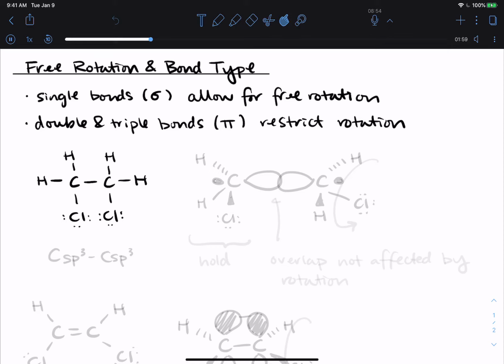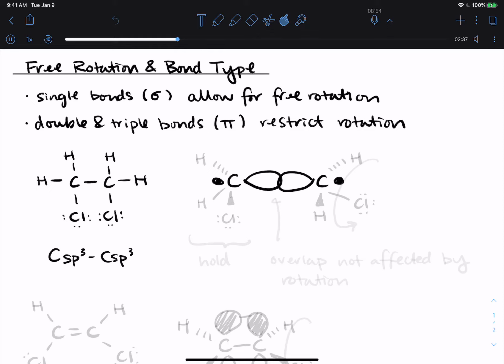The reason for this is if we think through what my hybridization would look like, each carbon is sp3 hybridized, and that carbon-carbon single bond is going to be a carbon sp3, carbon sp3 single bond. So what that looks like, got a carbon sp3, carbon sp3 single bond.